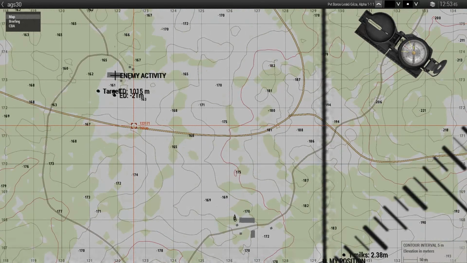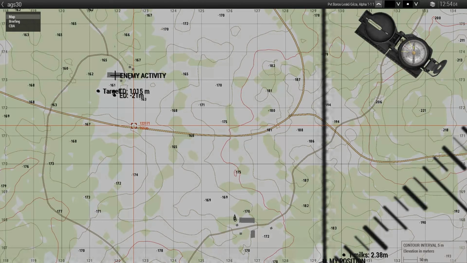So that means our aiming point is not really 10.15, but 7 meters shorter. It is 10.08. And we just calculated that 1 mil gives us 2.38 meters. So we need to aim 8 meters further than 1000 meters.